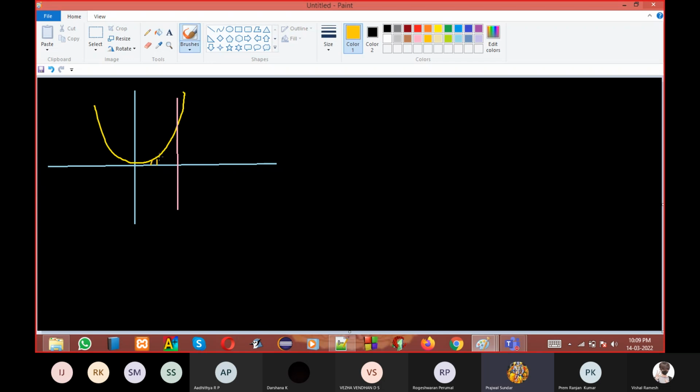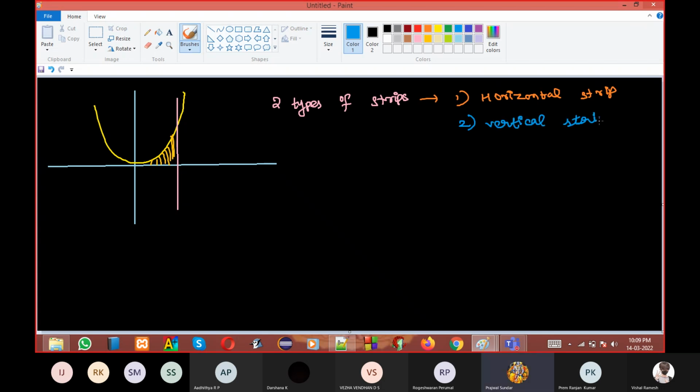Now to cover this area, I can use two types of strips. I can take a horizontal strip or I can take a vertical strip. Let's see how I'm doing this question.